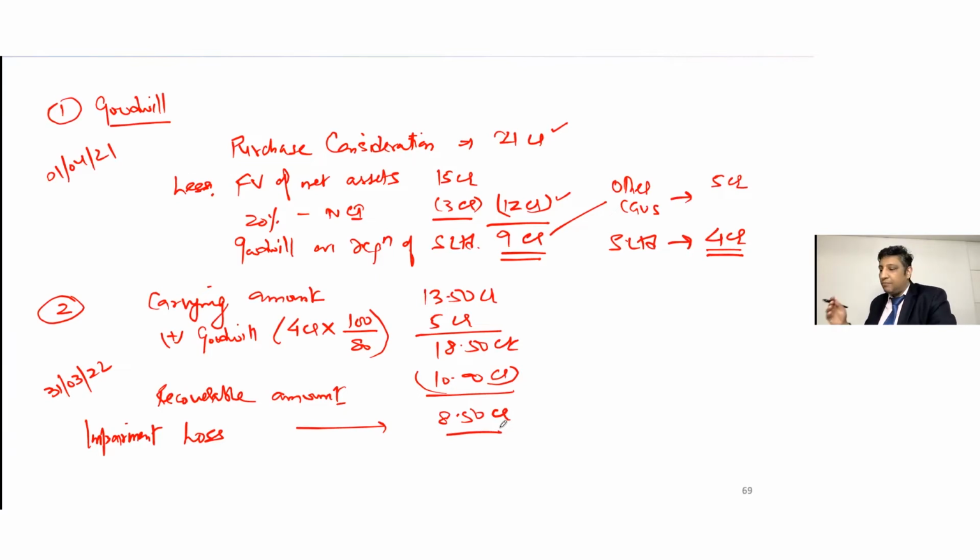Okay. Now, importantly, what you also want to remember here is that the moment I see an impairment loss, we charge that impairment loss first to goodwill. Okay.